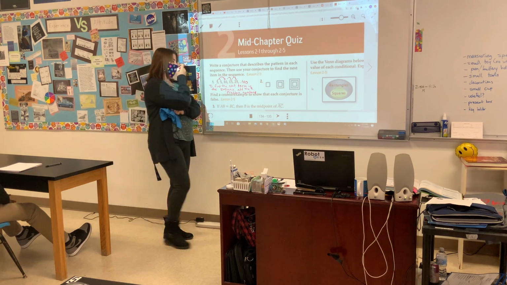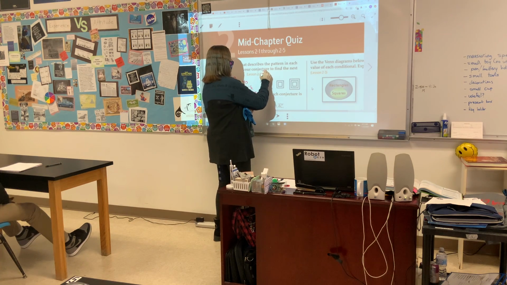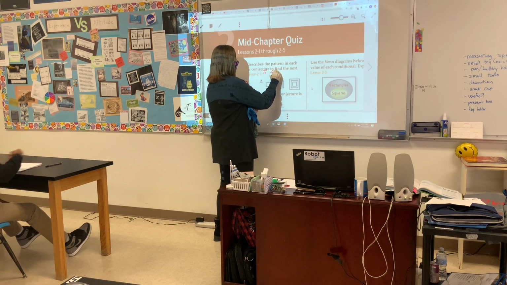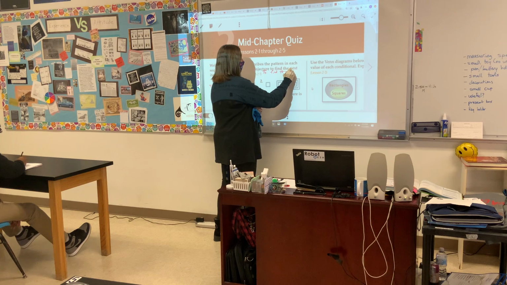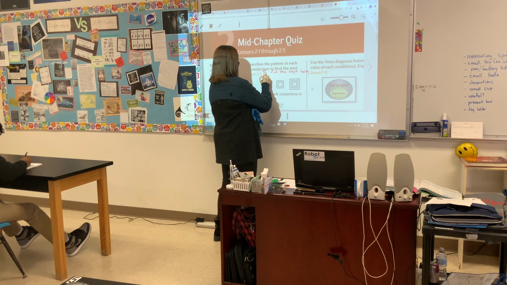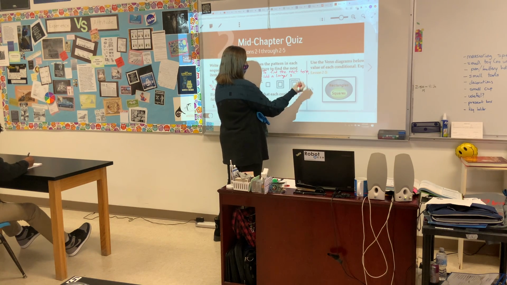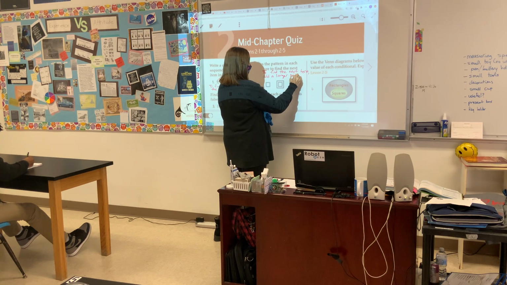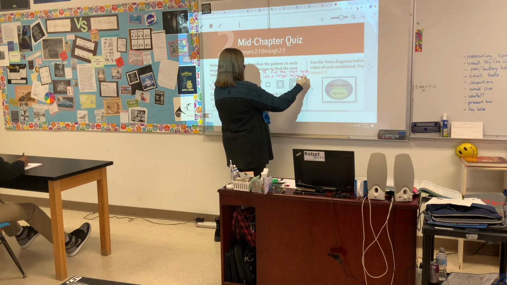So to find the next term, Richard says add a larger square to the outside.